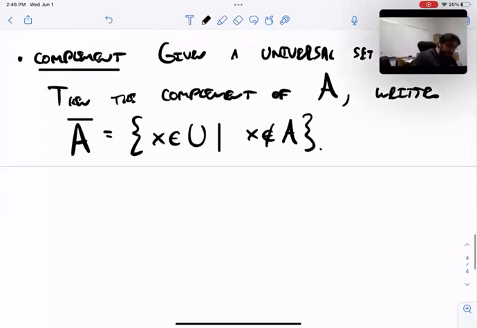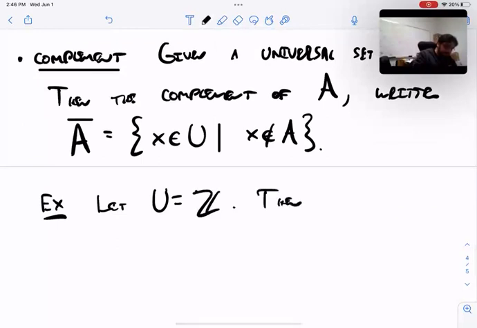So I could, for example, say the complement of the natural numbers, where my universe was the integers.